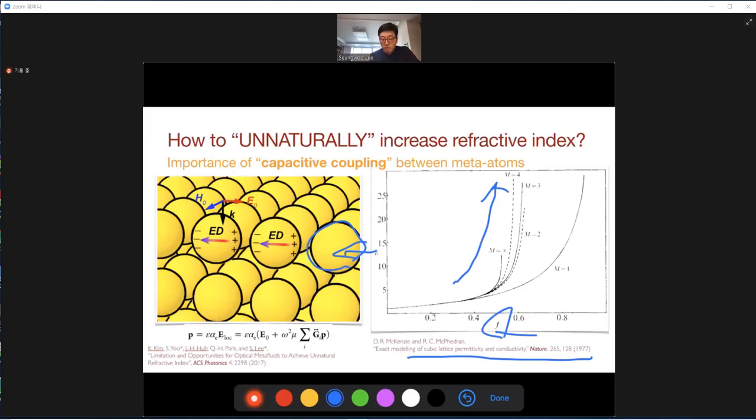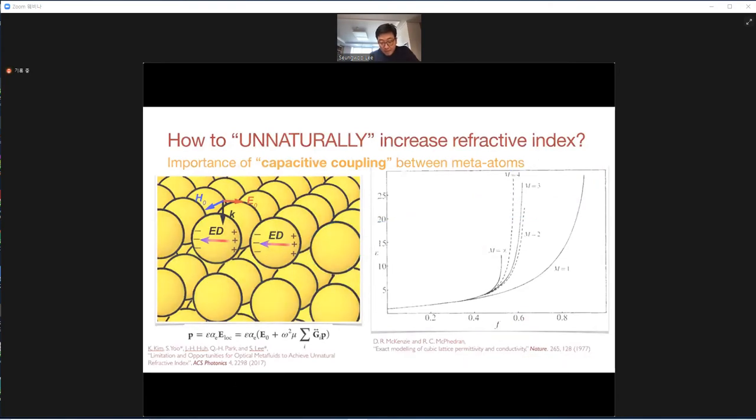So the accessible permittivity can be unnaturally increased for a relatively high volume fraction of conducting spheres. This is quite good because just by putting conductive spheres into a specific volume, we can unnaturally increase the effective permittivity and the resultant refractive index, because the accessible polarization is dramatically increased by capacitive coupling.